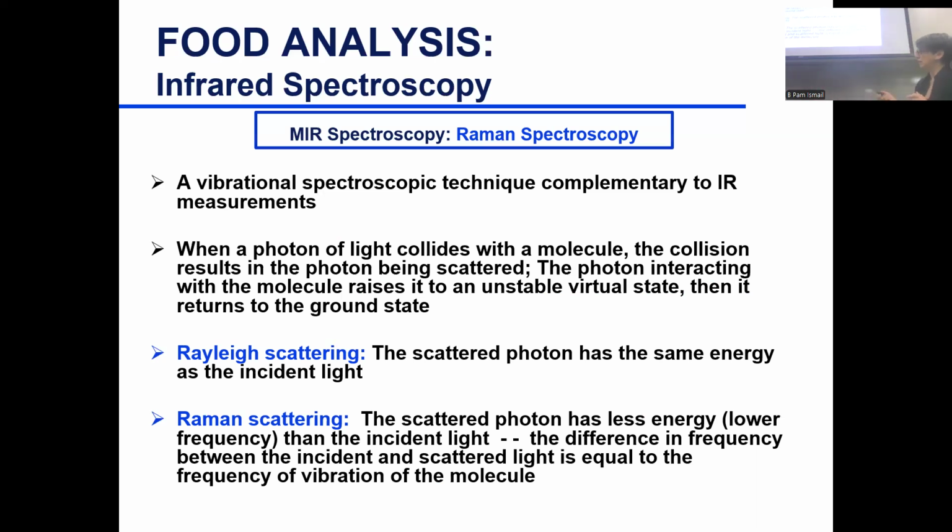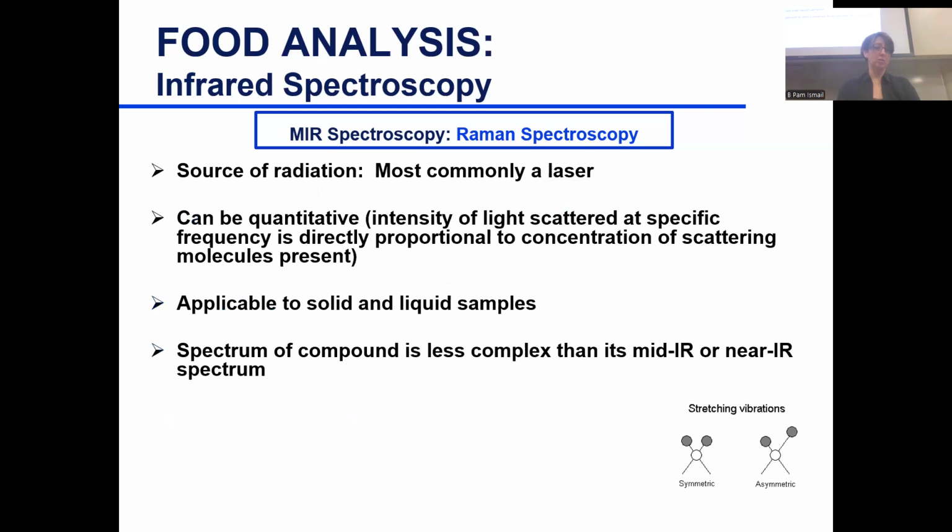But Raman scattering is when the light hits the molecule and the molecule absorbs some of that energy and the rest of the light is scattered. So the scattered light does not contain the light that was absorbed by the molecule, and that's Raman scattering. That's all I'm going to say about this for now, in this course at least.